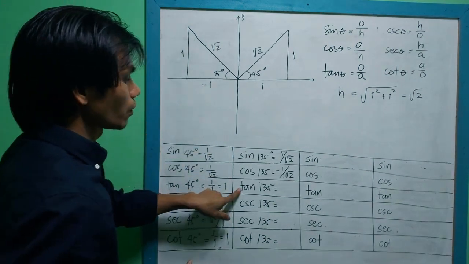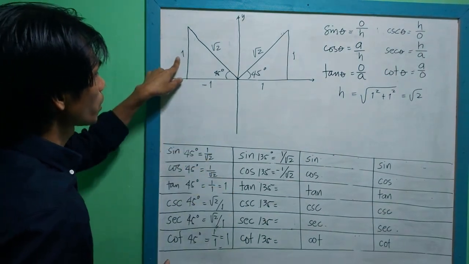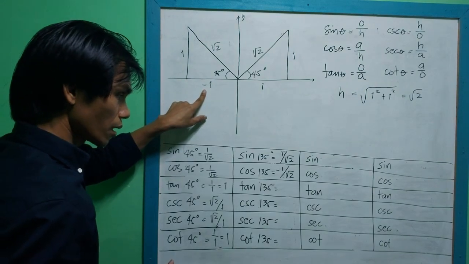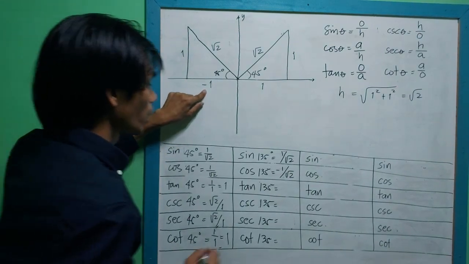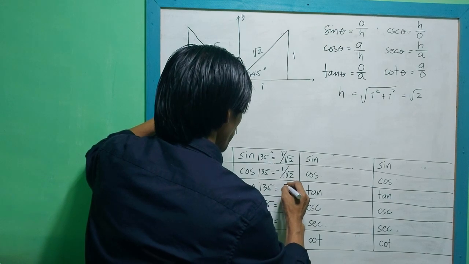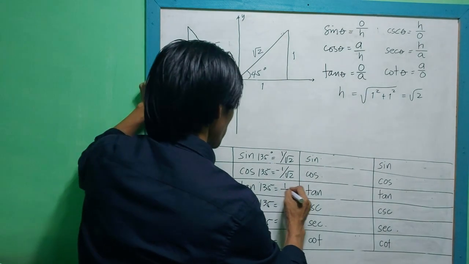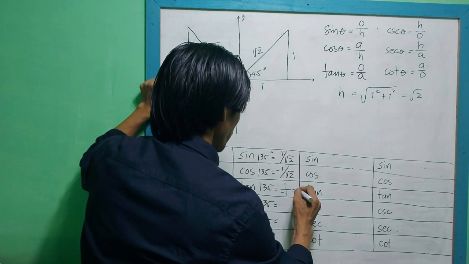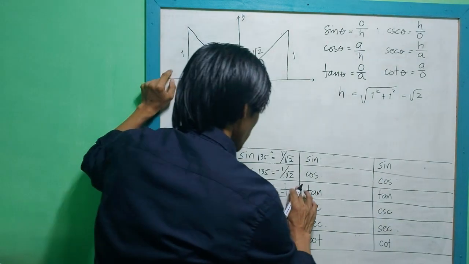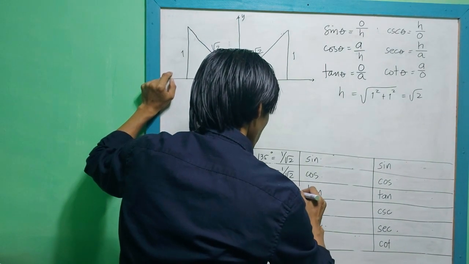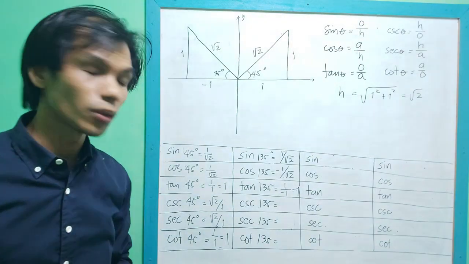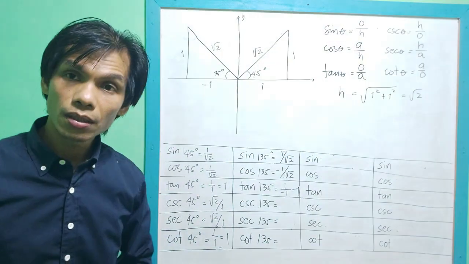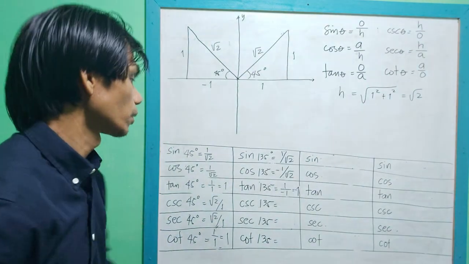And then tangent of 135, opposite over adjacent. So, TOA. Ngayon, eto, opposite mo is 1. And then adjacent mo is negative 1. Therefore, ang sagot ay negative 1. Ayan. Negative 1. Kahit i-calculator mo, tangent of 135 is negative 1.